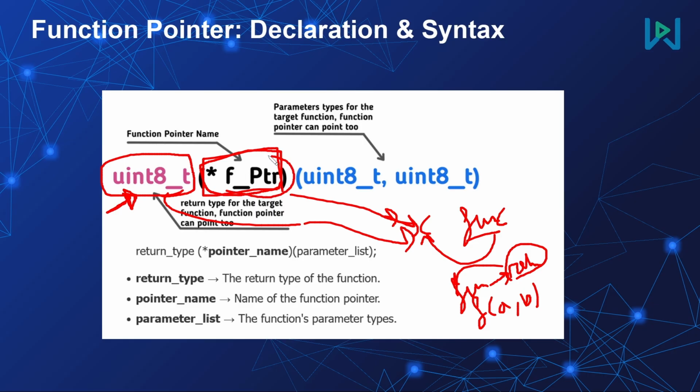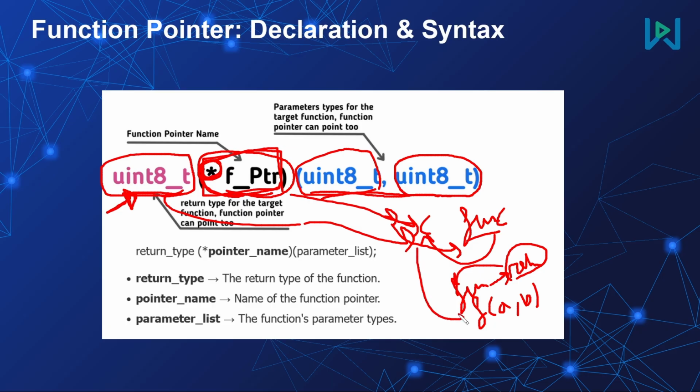Then here you create the name of your function pointer, and of course you need to specify this star. This is to say this is a function pointer. Then you need to specify the same input parameter data types as the function that we're going to point to. With this, we'll be able to match the exact function signature that we're going to point to.